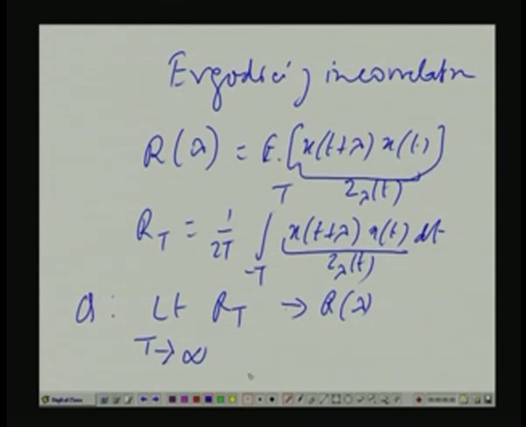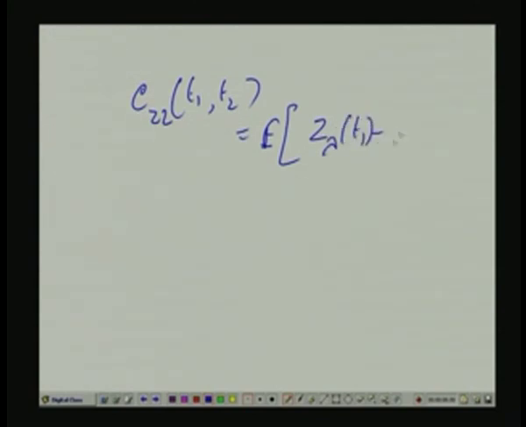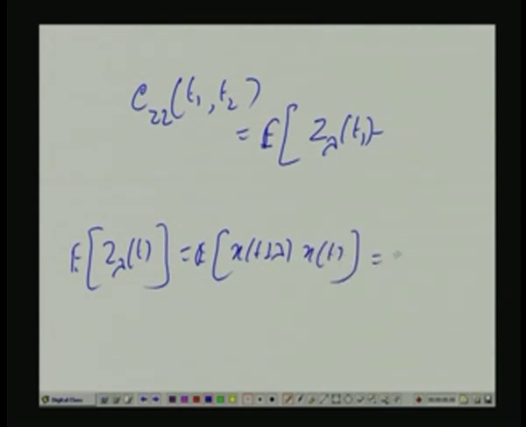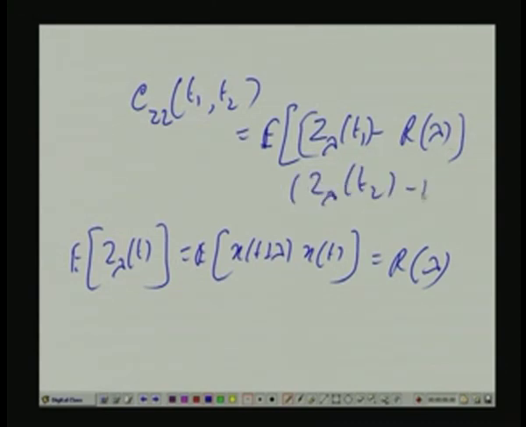Okay, that means if you define C Z Z T1 comma T2 as the expected value of Z lambda T1 minus the expected value of Z lambda T, that is the expected value of x t plus lambda into x t, and this is our R lambda, into Z lambda T2 minus R lambda.